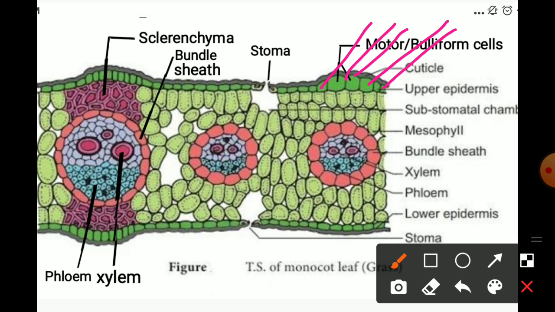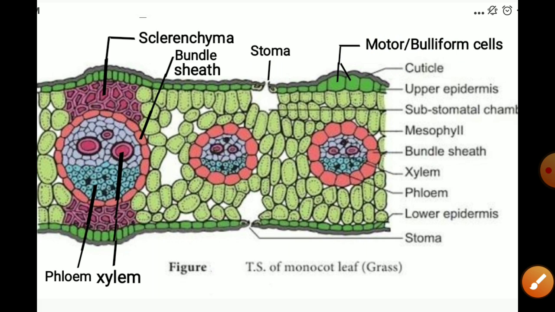Here there is a bunch of cells, 2, 3, 4. They appear just like a fan, a bulging balloon. These are called motor cells, or bulliform cells, balloon-like and very large. These motor cells or bulliform cells are present in the epidermis.